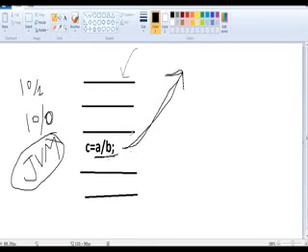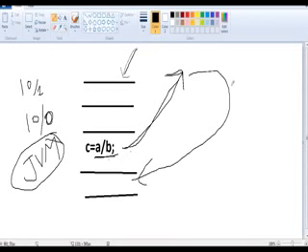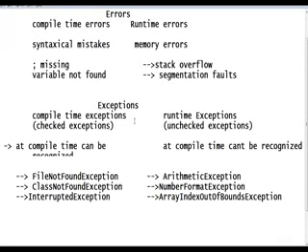When our control is leaving from this place, you should bring the control back to the other statements. Whenever JVM gets confused, it stops the program execution there abruptly. Whenever you get the exception, it stops the program execution. For example, see, I will write a program.